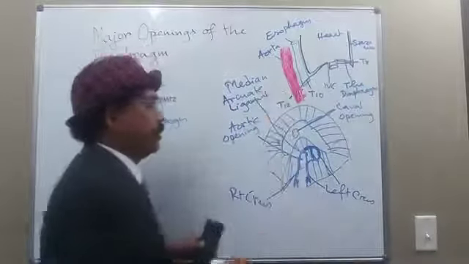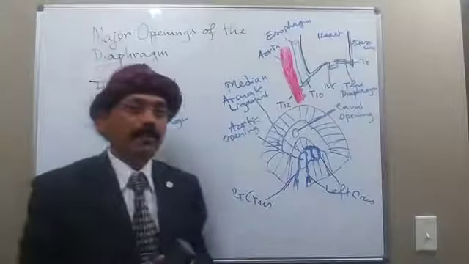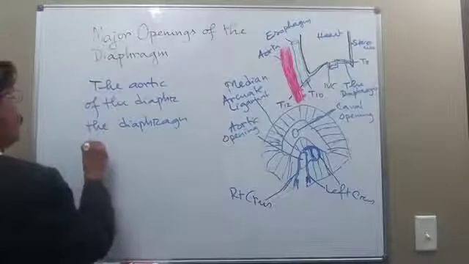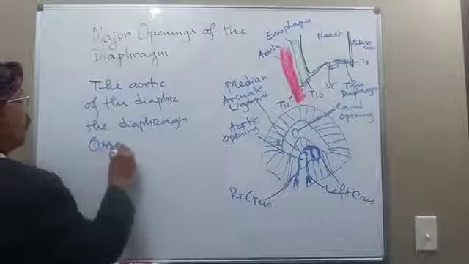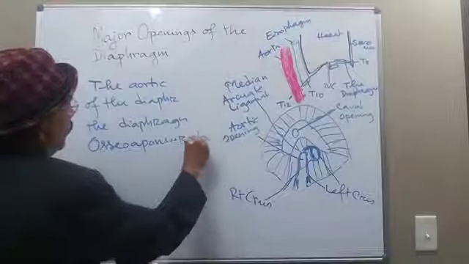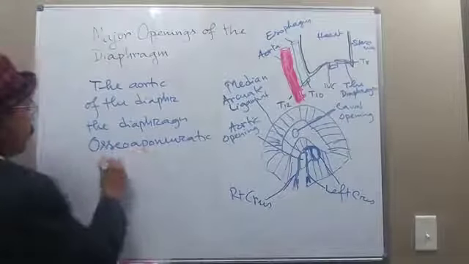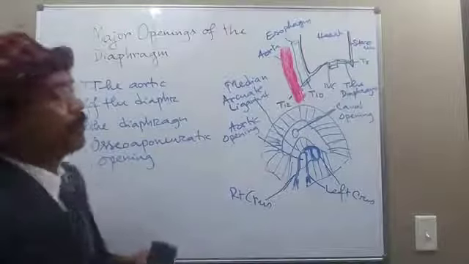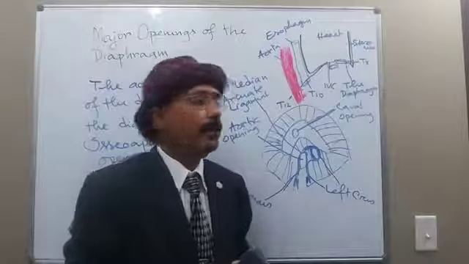So, in fact, the aorta is behind the diaphragm. What type of opening is this? This is an osteoaponeurotic opening. Why is it called an osteoaponeurotic opening?